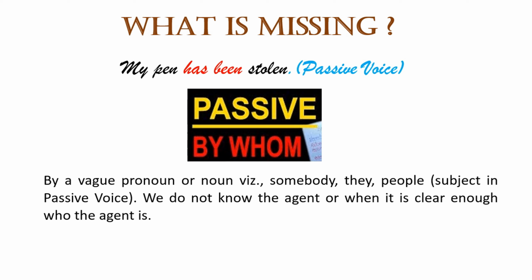That can be somebody, they, people. So we do not know the agent, or it is clear enough who the agent is. So I have not written the sentence as my pen has been stolen by God knows who, because I do not know who has stolen. So I do not use the word by.